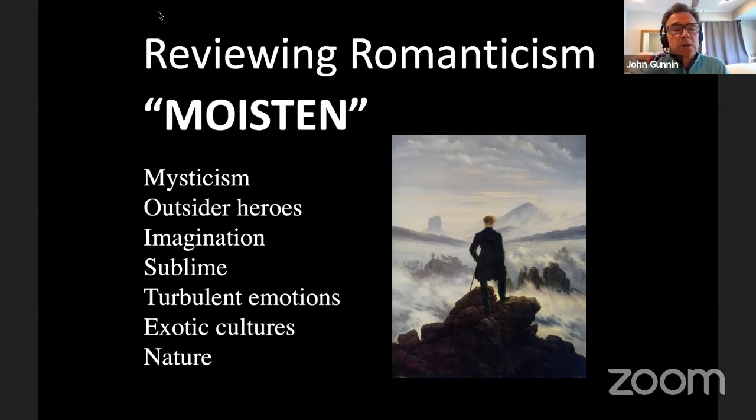I always think of James Dean. Number three, imagination. Artists really go to new places, and because of this, the art of this time is very diverse and goes in very unique directions. The sublime, that mixture of terror and awe, and we'll come back to that in a moment.